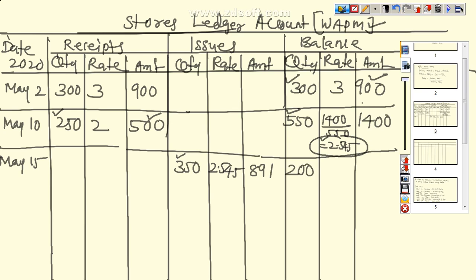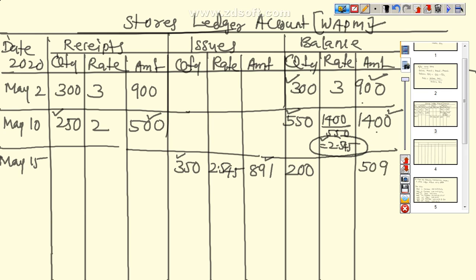And for amount also, if the quantity of material reduces, obviously the amount also will reduce. So earlier we had material of 1400, and out of 1400 we have issued 891 rupees. So amount minus amount, that is equal to 1400 minus 891, that is equal to 509.